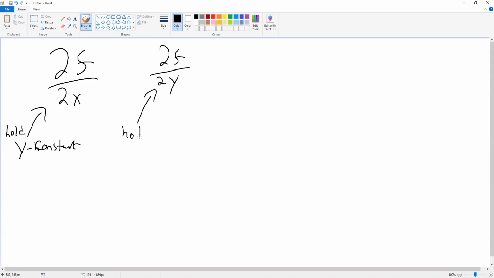I'm just going to hold dx constant. And of course, we know we can write it as f sub x and f sub y.